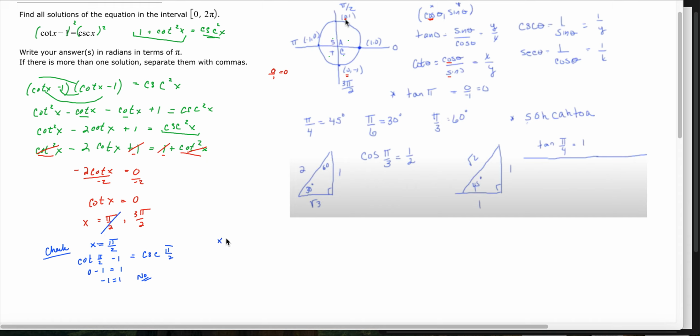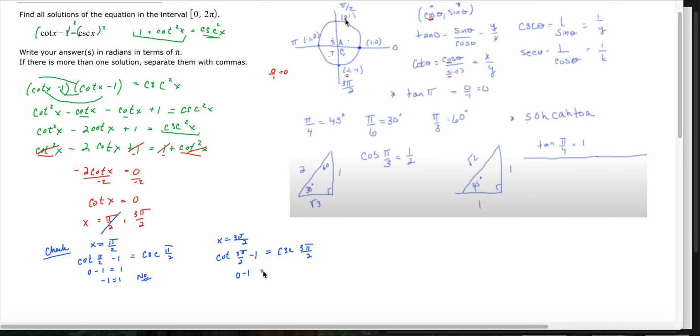So let's now check 3 pi over 2. Again, going back to the original equation, cotangent of 3 pi over 2 minus 1 is equal to cosecant of 3 pi over 2. Okay, so cotangent of 3 pi over 2 we know is 0.